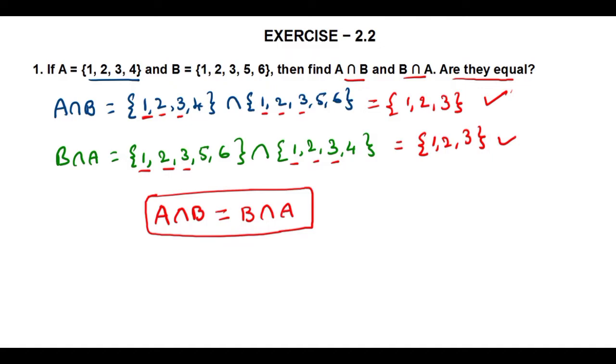Not only intersection, even unions you will also get equal. A union B equals B union A. These two also will have the same elements.